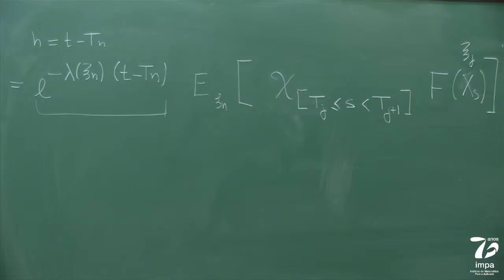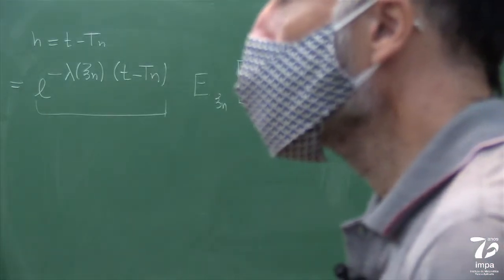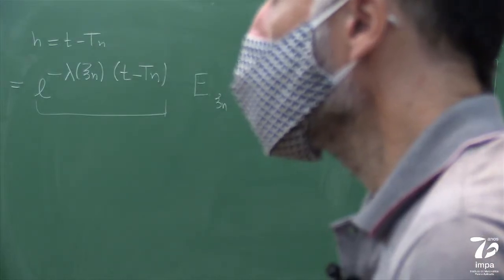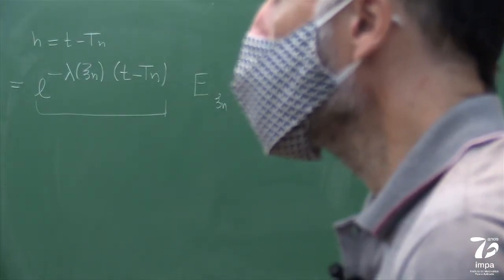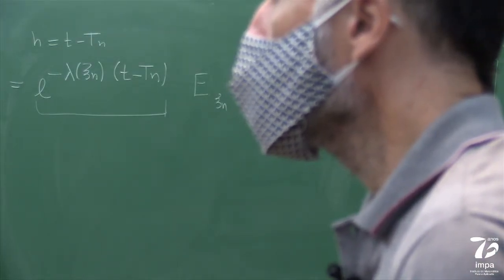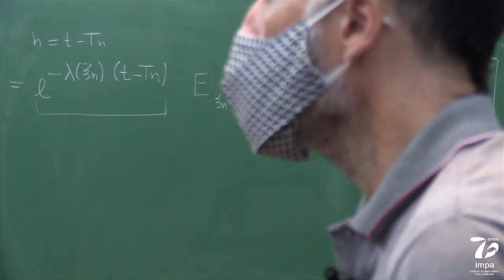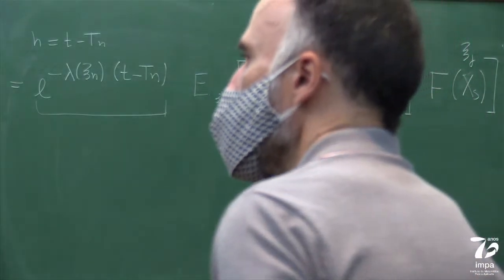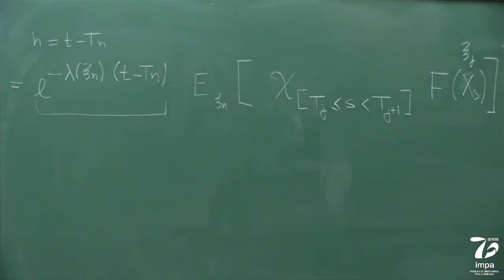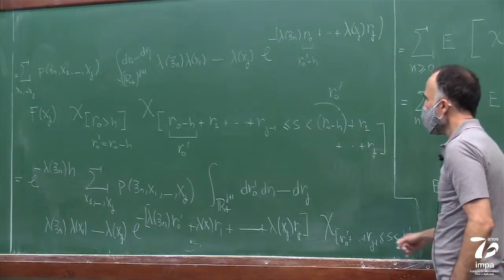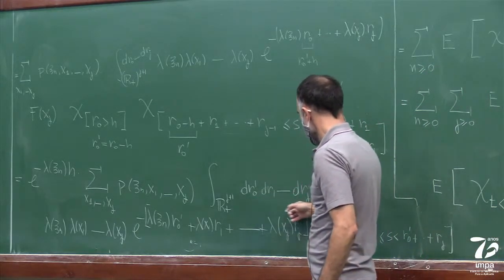Yes, but I think maybe we should put an expectation there, because this characteristic is a function that depends also on the abstract space. No, because you see all the variables r0 prime, r1, rj are integrated.